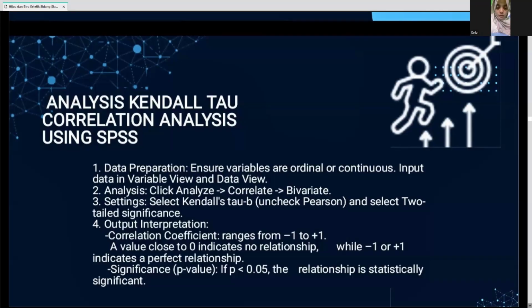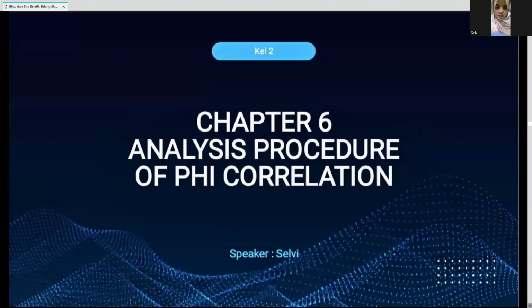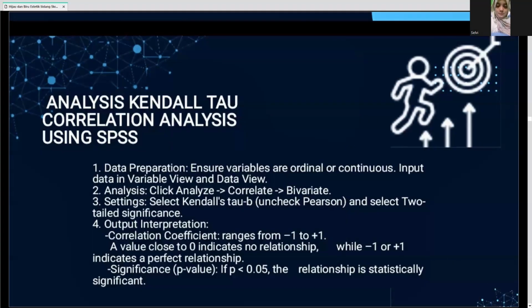A value close to -1 means a strong negative relationship. Second, the significance value or P-value. If P is less than 0.05, the relationship is statistically significant. If P is greater than 0.05, the relationship is not significant.